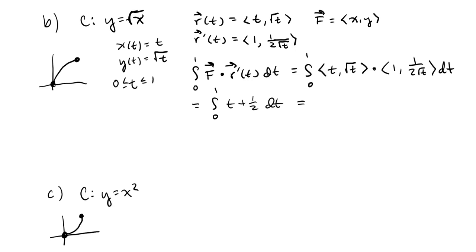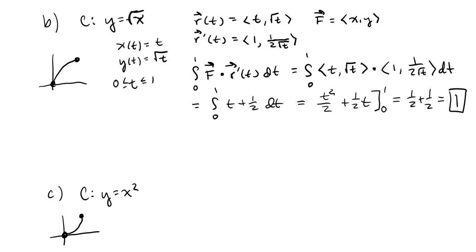Then when we integrate t, it'll go to t squared over 2, and the 1/2 will gain a t. We're going to evaluate that from 0 to 1. So plugging in 1, we get 1/2 plus 1/2, and plugging in 0, we get 0. So really we just have a half plus a half, and we get 1, which is interesting.